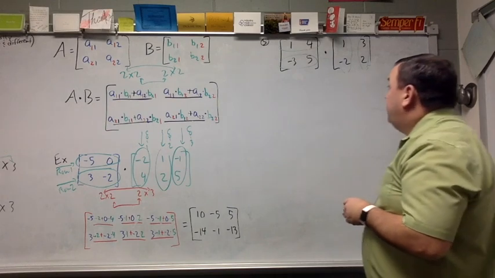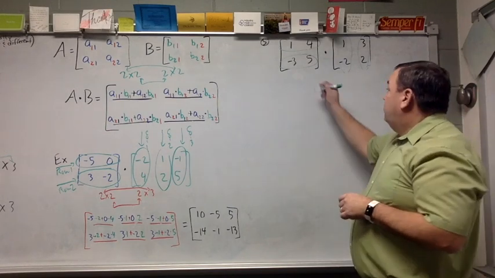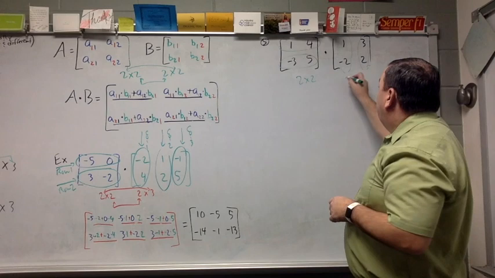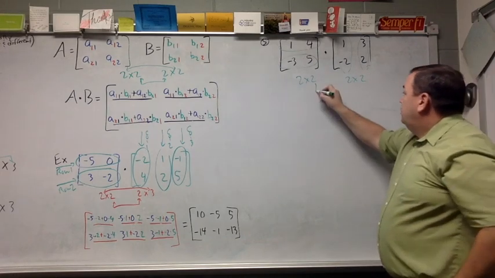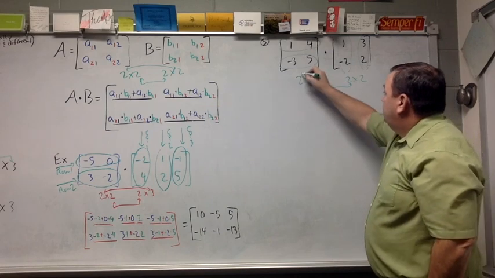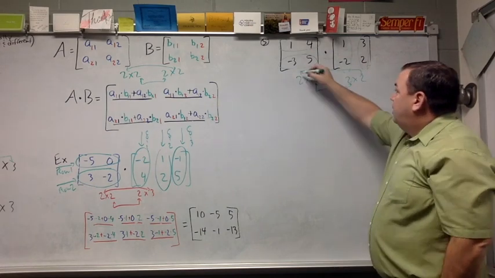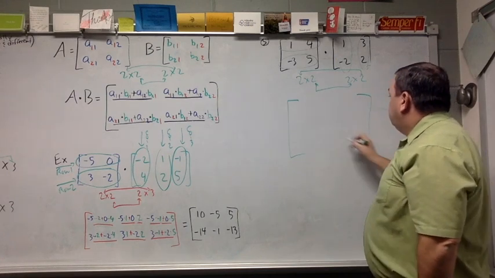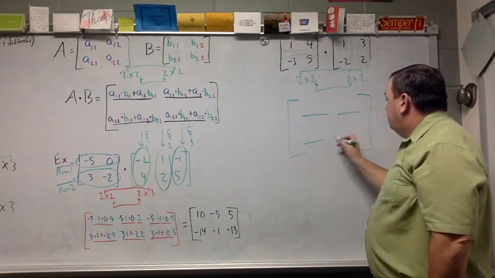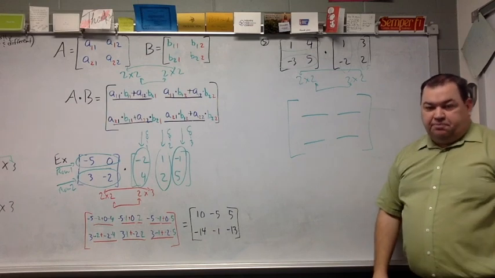So let's work through an example from the start. I've got a 2 by 2 matrix here, another 2 by 2 matrix here. I want to multiply those two. Yes, I can do it. And my answer will also be a 2 by 2. So I'm going to make my 2 by 2 matrix, and I need to fill in the blanks.